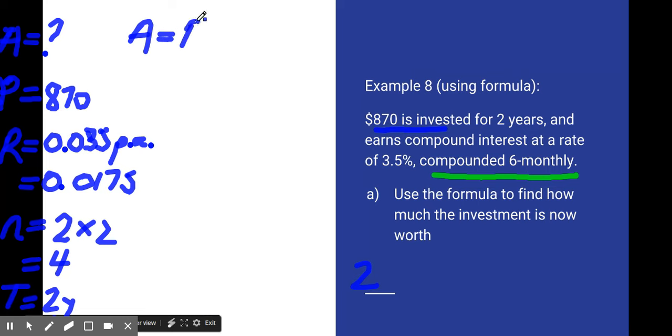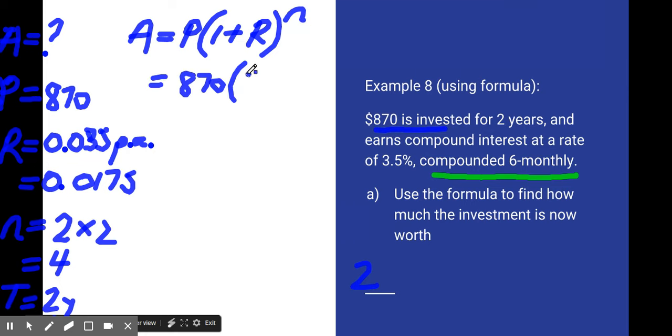Okay, so let's write our formula out there. Amount equals principal times (1 plus r) to the power n. Substitute what we know. We know the principal. We know 1. We know the rate per compounding.